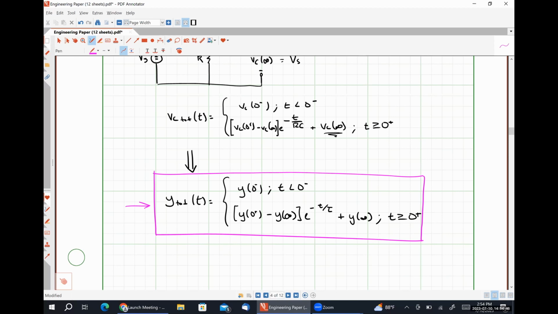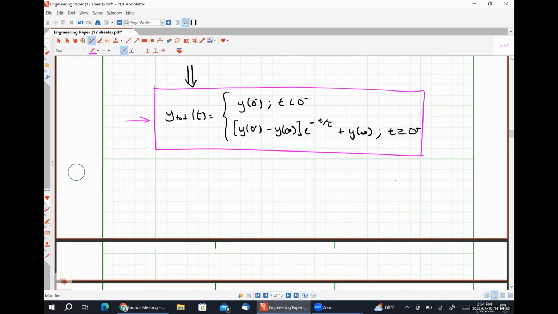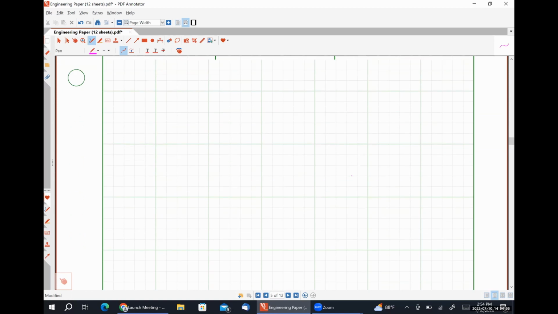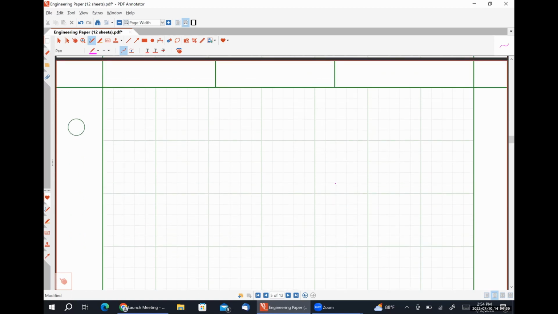All right, so let's take this and let's work an example. So let's do an RL circuit, since we've already done an RC circuit today. So let's say that I have the following circuit. I'm going to have a 2 amp source here.